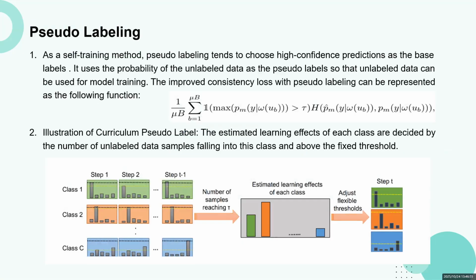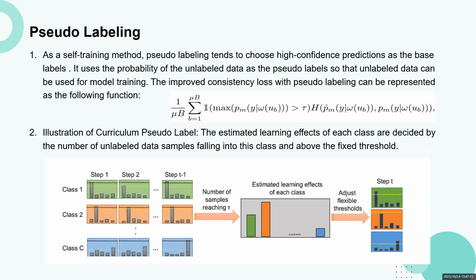Now let me introduce the main methodology. First one is pseudo-labeling. As a self-training method, pseudo-labeling tends to choose high-confidence predictions as the base labels. It uses the predicted probability of the unlabeled data as pseudo-labels, so that unlabeled data can be used for model training.